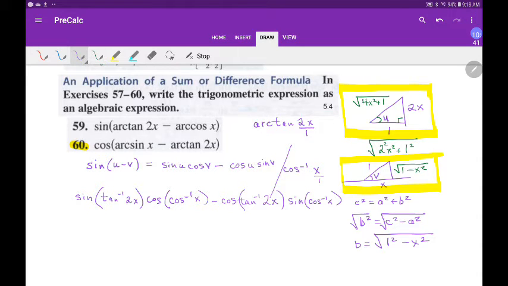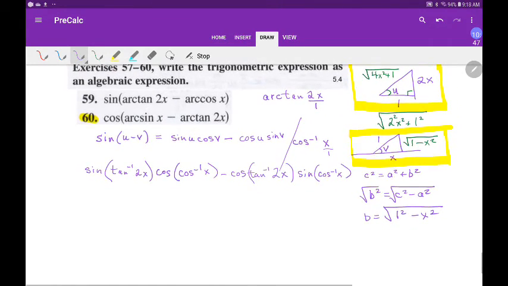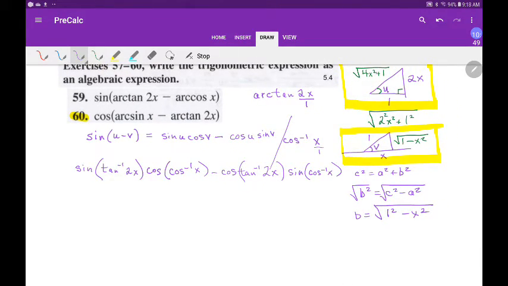This is angle V. So, as long as I have that, I guess I could just write sine of U. I could go back to the, because I really don't care what these angles are, to tell you the truth. Right? Not really my business. Because I'm just going to do something with the angle anyway.